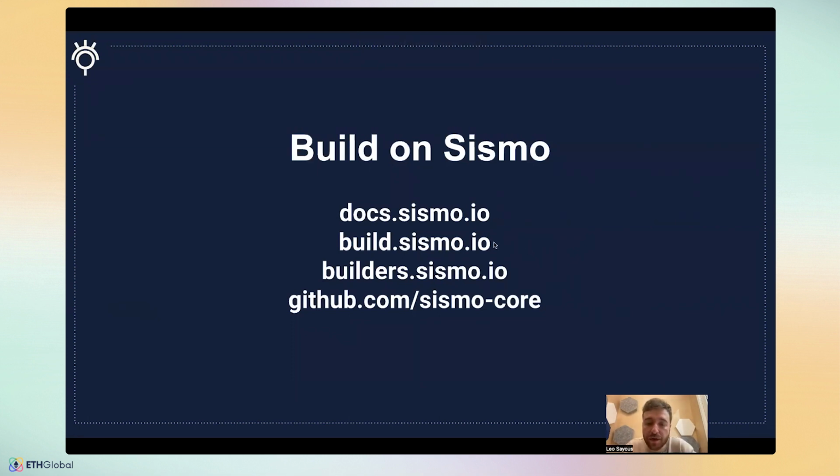The build.sismo.io will detail all the information on the easiest way to build on top of Sismo. You have also the builders.sismo.io, which is a Telegram group where you can enter and ask for help, or you will see other Sismo builders there. And you have our GitHub organization where all that we are doing is open source. You have all our different repos there, and you can dig into it.